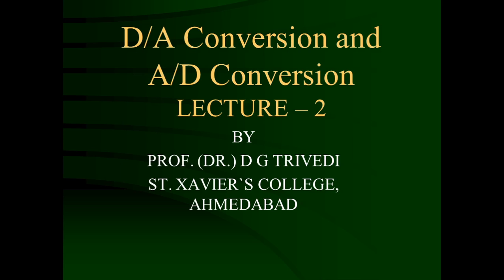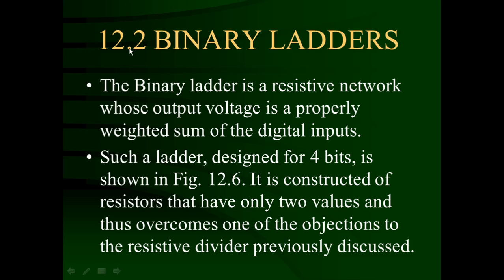Both these drawbacks or limitations can be overcome in the second type of network, which is called a binary ladder network, which will convert digital information into analog information with only two values of resistance, that is R and 2R. So now we are going to learn binary ladders. The binary ladder is a resistive network whose output voltage is a properly weighted sum of the digital inputs.